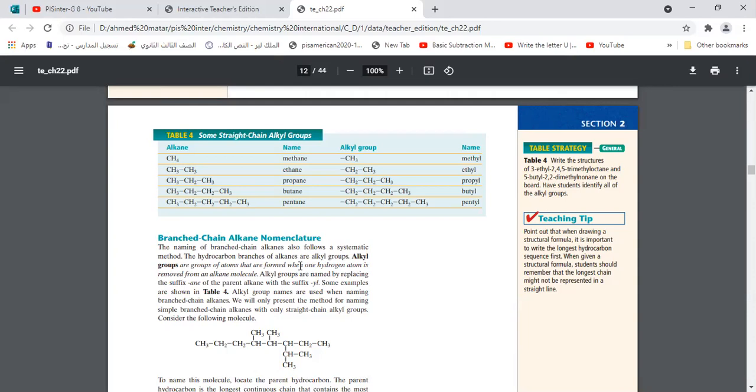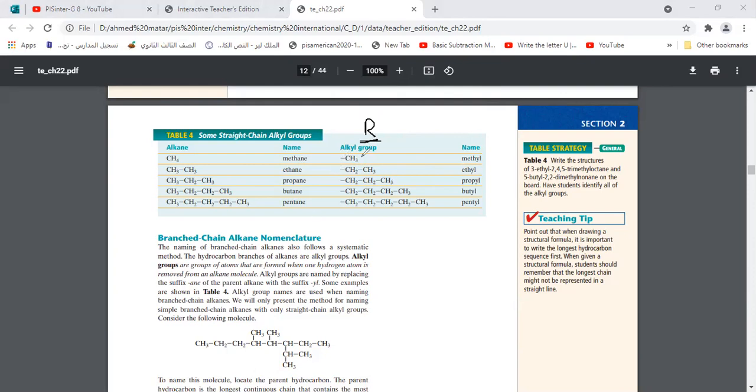Okay, so here the alkyl group, it's good to know because in SAT exams they always use this, or they give it the letter R. So R means the alkyl group, whatever this group is, methyl, propyl, ethyl, and so on. R means an alkane with a missing hydrogen, or a missing bond.